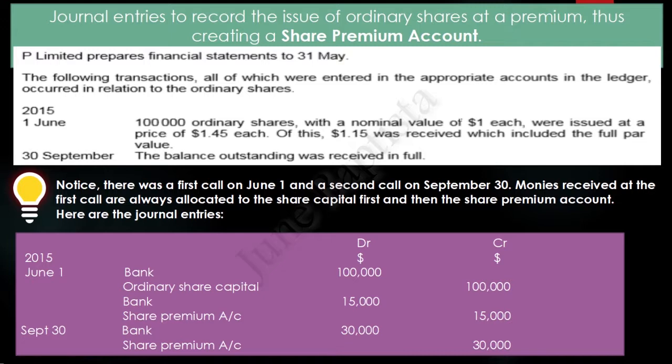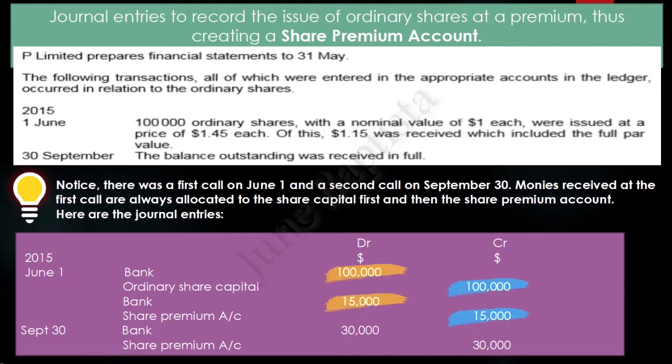On the 1st of June 2015, the bank account was debited $100,000 and ordinary share capital was credited $100,000. This is the face value or nominal value of the shares issued. On the same day, the bank account was debited $15,000 and the share premium account was credited $15,000.